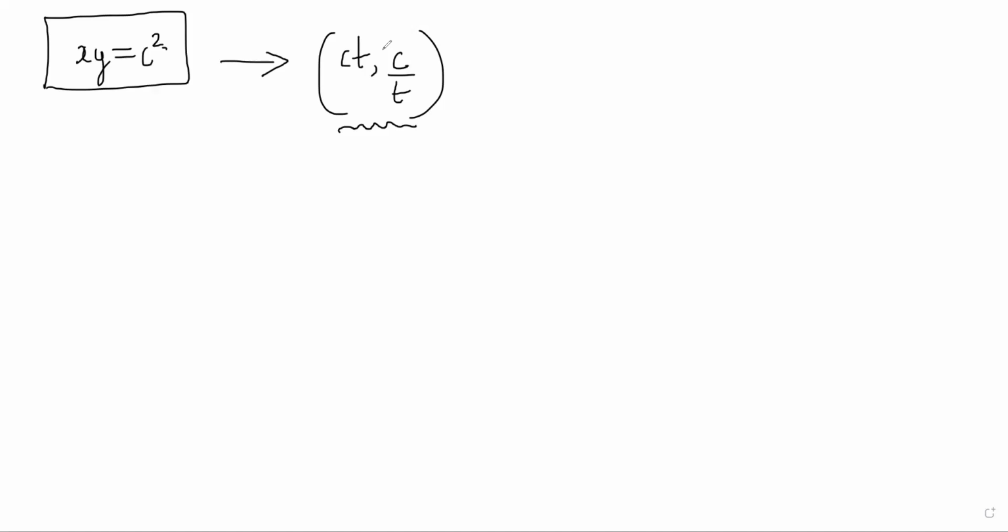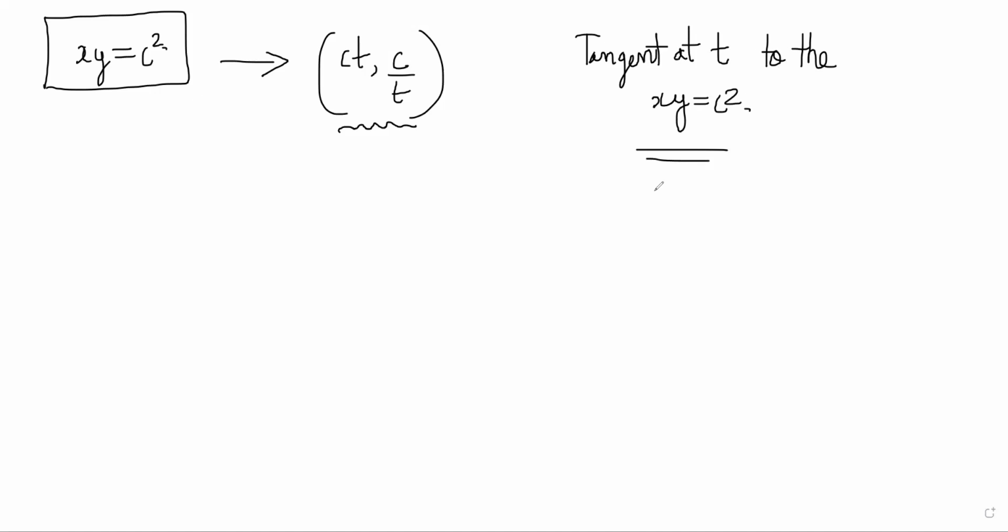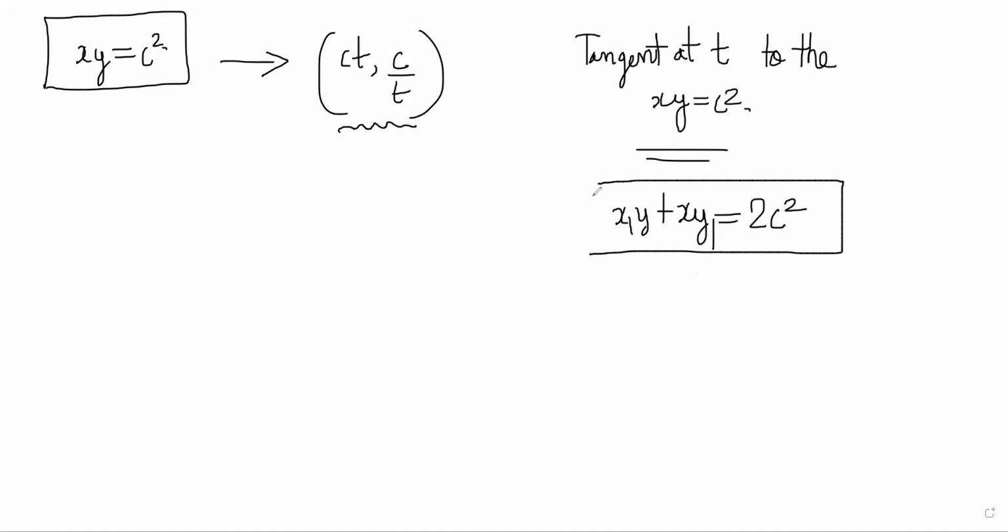And now what we can do here is write the equation of the tangent at t to the hyperbola xy is equal to c square. Now you could do it by calculus, but you should remember that we have a direct way of doing it. We replace 2xy with x1y plus xy1. So xy is x1y plus xy1 by 2, which goes on the other side. This is at the point x1 comma y1.